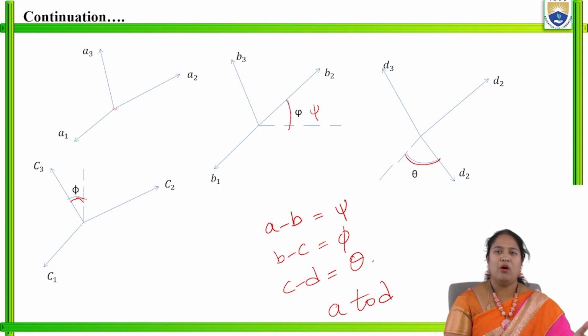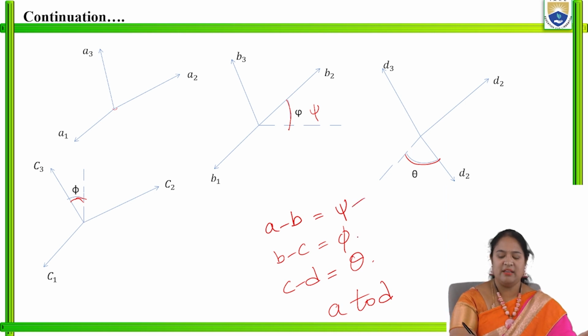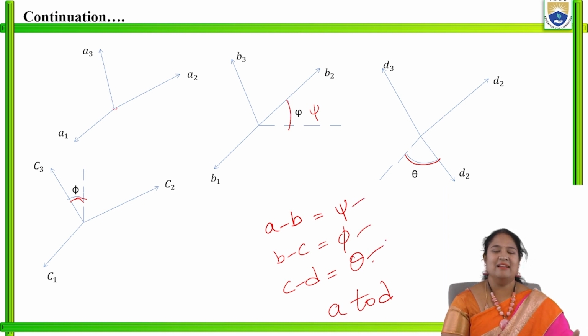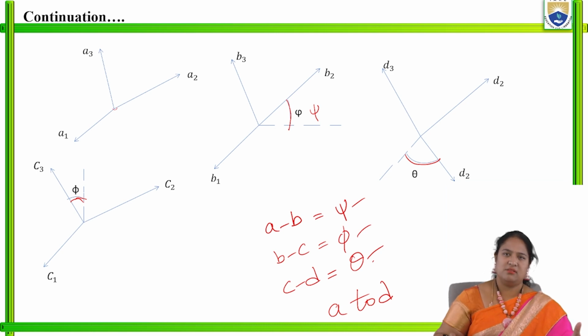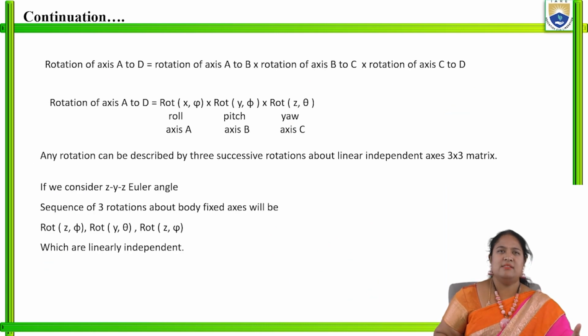That is, overall, when any particular coordinate system is making a rotation from A to D, it will be taking these three angle rotations, that is phi, theta and psi.